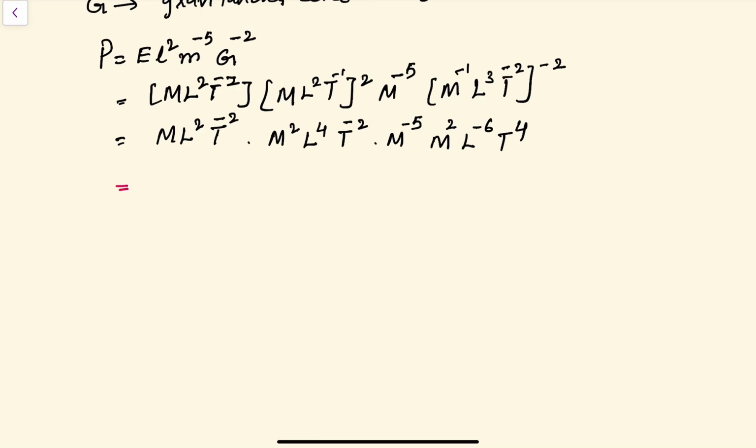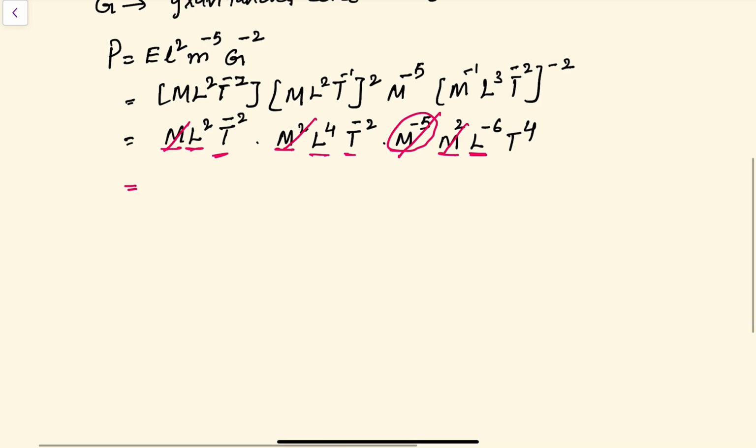So M square, M and M power minus 5 cancelled. L power 2, L power 4, L power minus 6 cancelled. T power minus 2, T power minus 2, T power plus 4 getting cancelled.